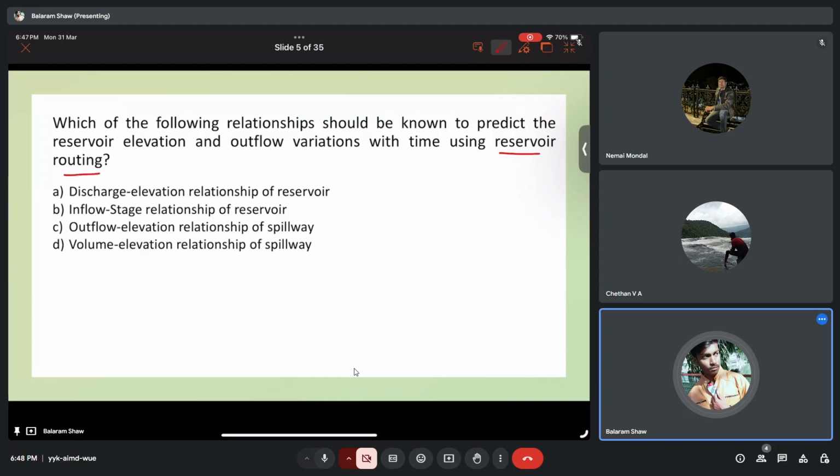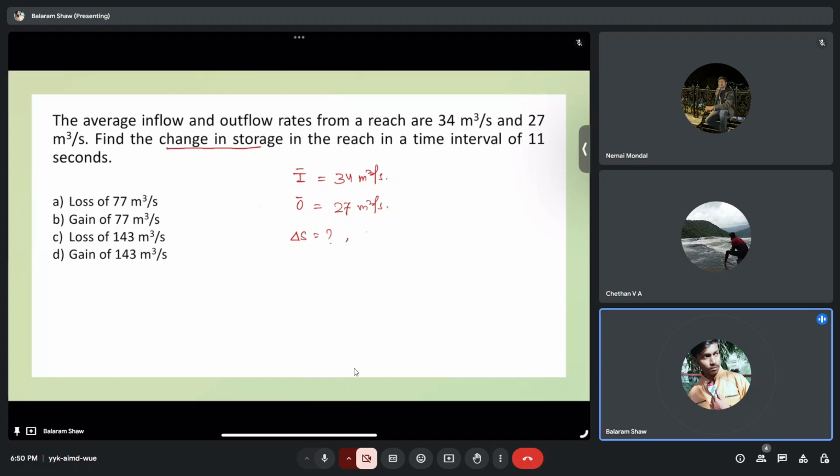So the average inflow rate is given as 34 meter cube per second, and the average outflow rate is given as 27 meter cube per second. You need to find out the change in storage where delta t is given as 11 seconds. I'll give you 1 minute for this. You guys can try once.